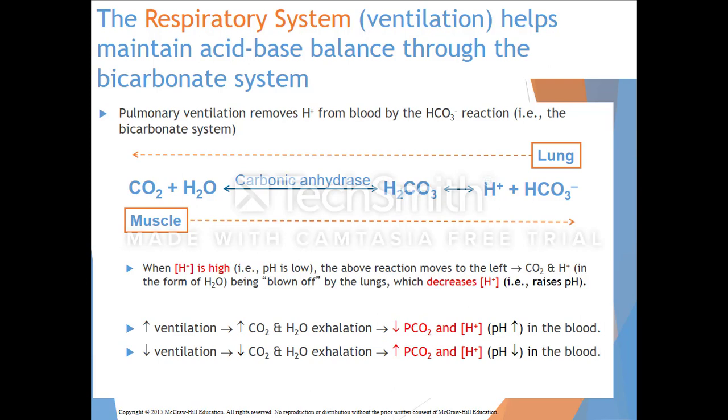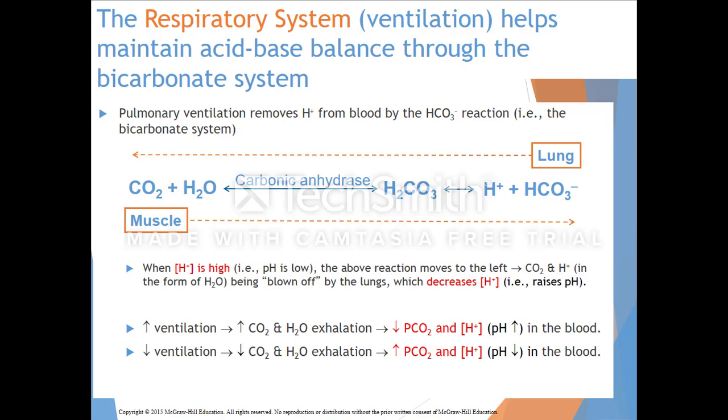And in increasing the removal of these, you're going to bring down the partial pressure of carbon dioxide, or the concentration of carbon dioxide in the blood, and you're going to bring down the concentration of hydrogen ions in the blood. And this is effectively going to increase your pH. So by increasing ventilation, you can decrease hydrogen ion concentration or increase pH of the blood.